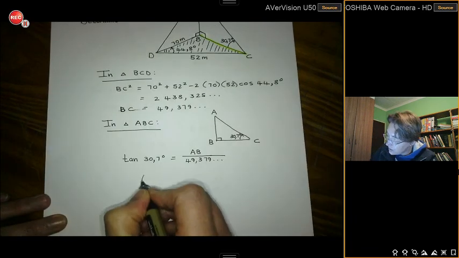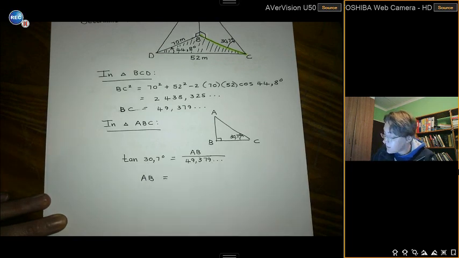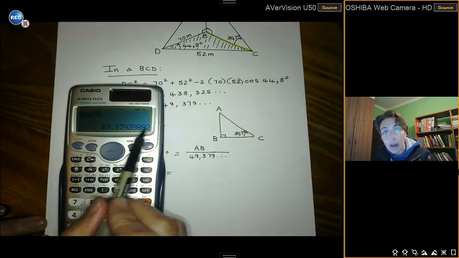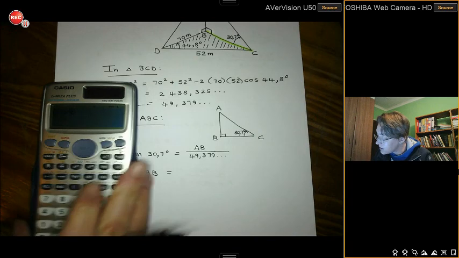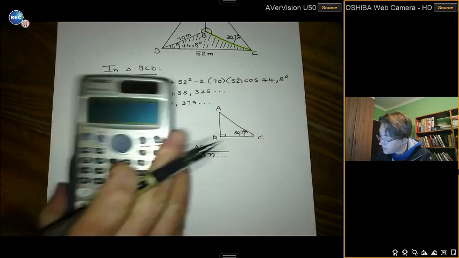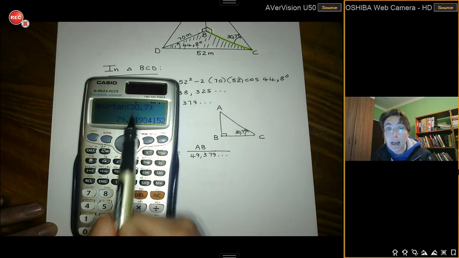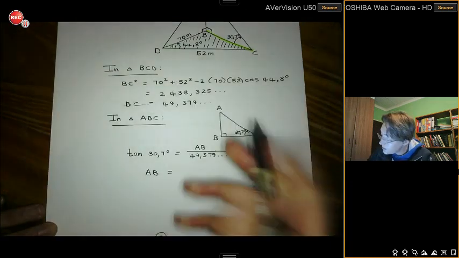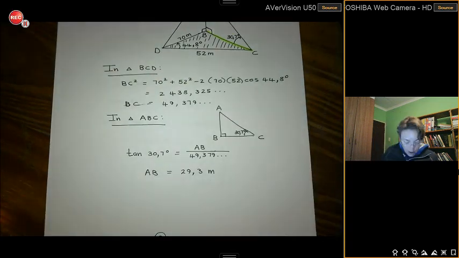There we go. So AB is going to be equal to that value times that value, which I already have in my calculator screen, so I can just say it's the 49,379 times the tan of 30,7. And that means it's going to be equal to 29,3, and now I can round off to one decimal place. And that is going to be in the same units, which is meters. And that is then the final answer, 29,3 meters.